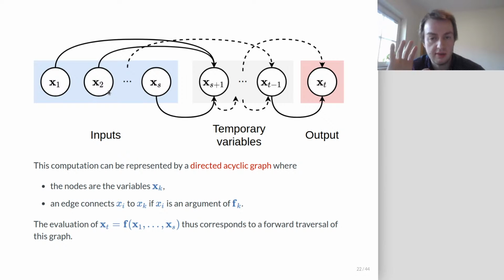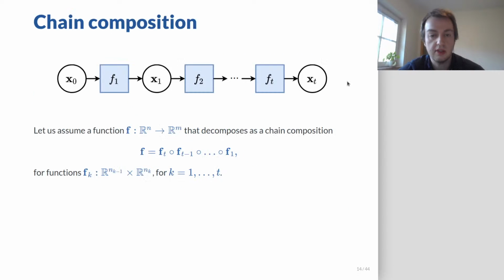And in this mindset, the evaluation of the output xt just corresponds to a forward traversal, from inputs to outputs of the graph. Right? So before, when we considered chain composition, we also had a graph of computation, but it was much simpler and represented in this way.